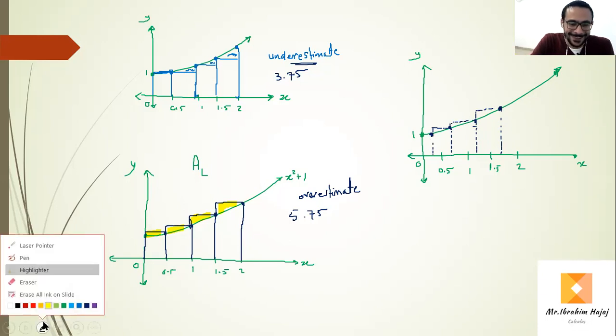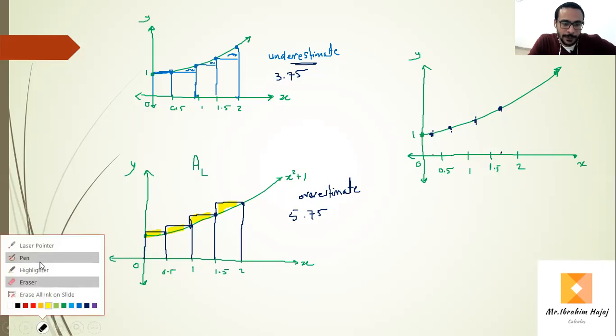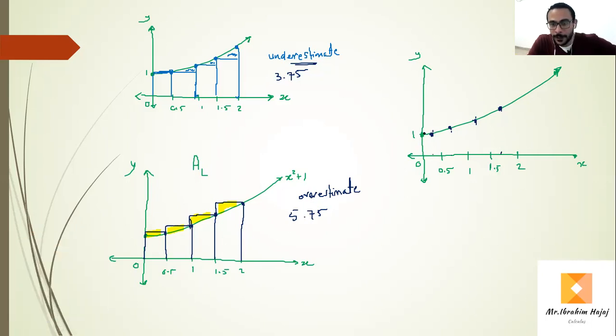What? It still looks like an overestimate. No, the midpoint should be what? We have to draw the rectangles from 0. Okay. Some of them should be above and the other should be below the line.